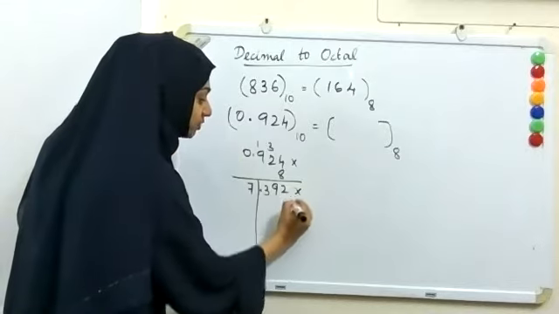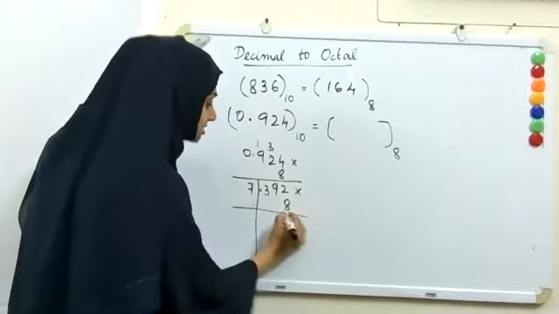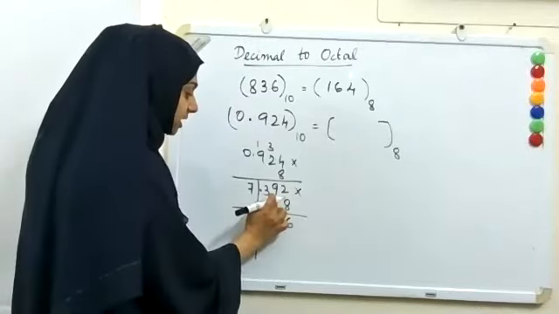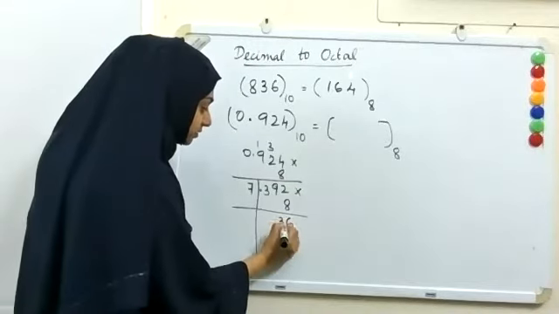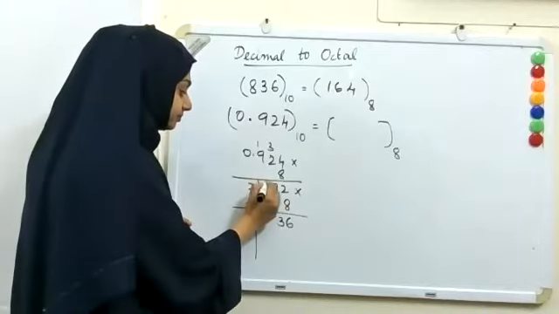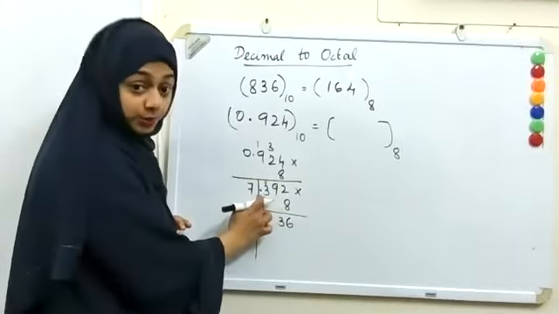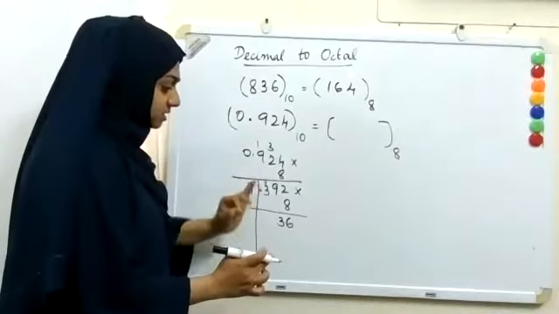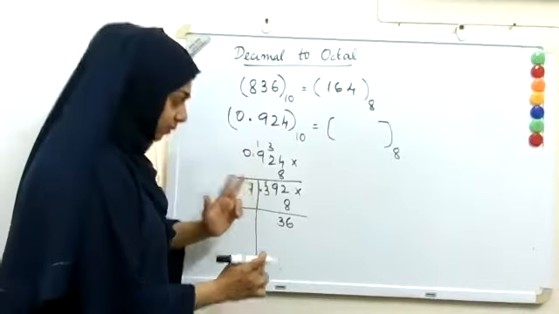Now again we have to multiply it with 8. 8 2s are 16, so 1 balance. 8 9s are 72, so 73, 7 balance. 8 3s are 24, 24 plus 7, 31.